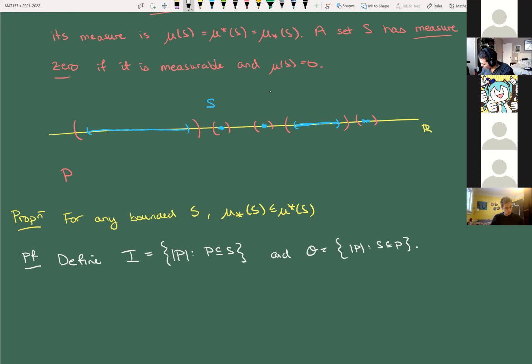Okay, so for any P in I and Q in O, we have that the length of P is less than or equal to mu star S. Maybe that's not how I want to do it.